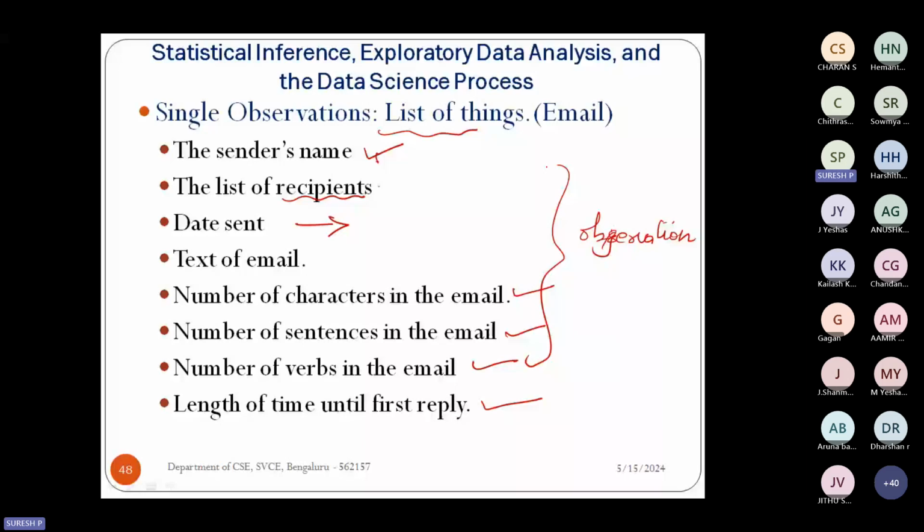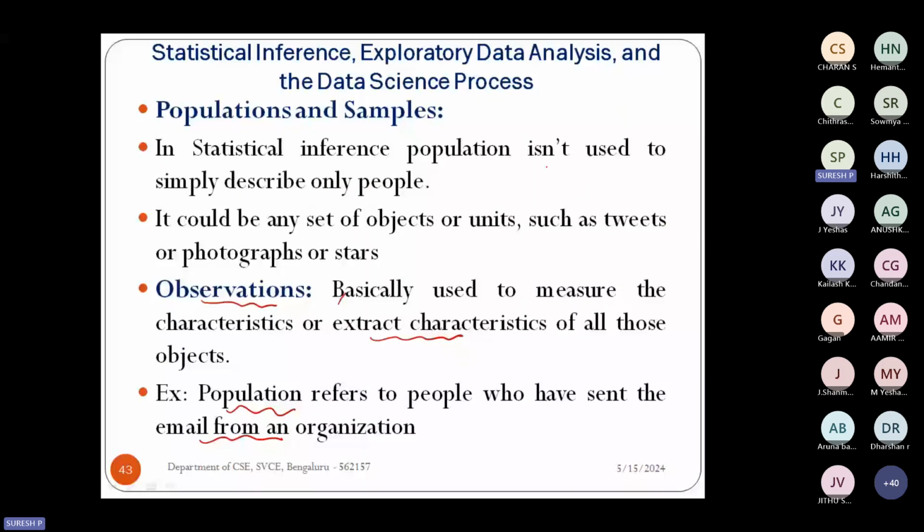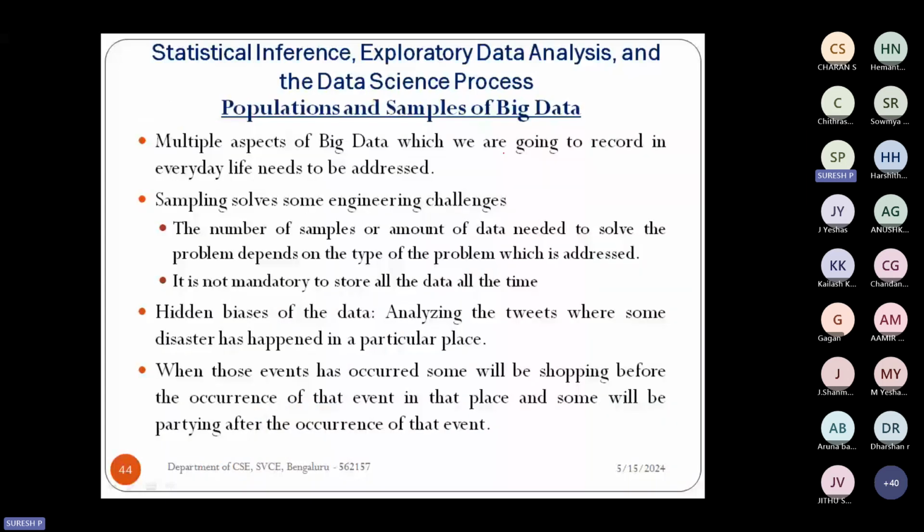So now we have this reference with respect to email. Next, we are going to look at the aspects of big data, which we already know. Among the multiple aspects of big data, it is going to record everyday life.